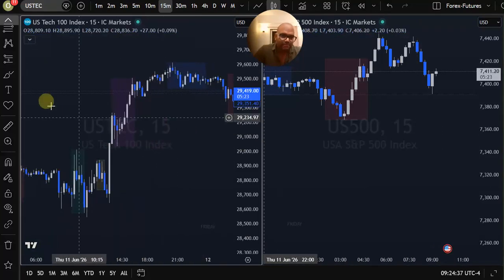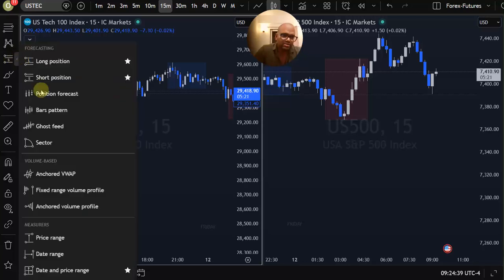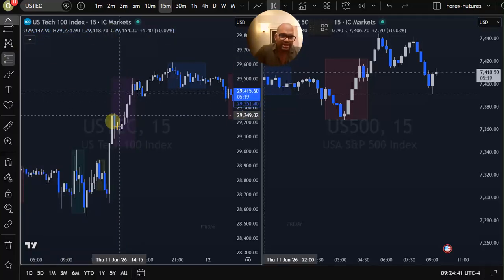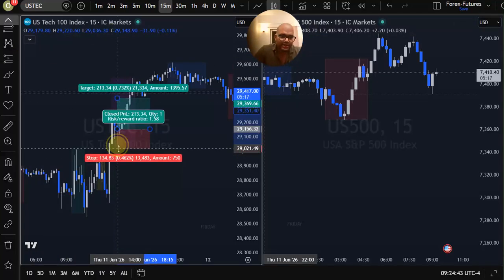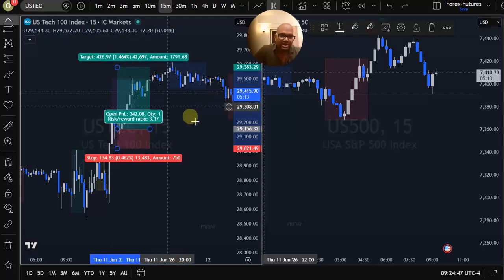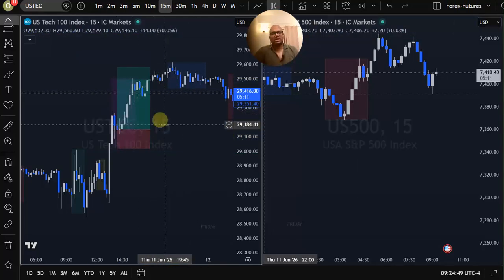This was a beautiful example on the 15-minute chart. This is your entry where you are getting 1 is to 3. So again, the strategy is not bad. It's just that you are not able to follow the strategy.